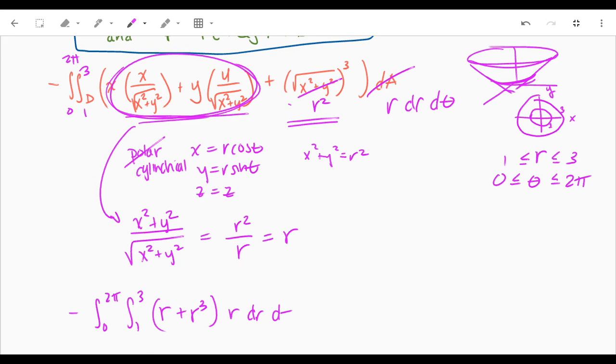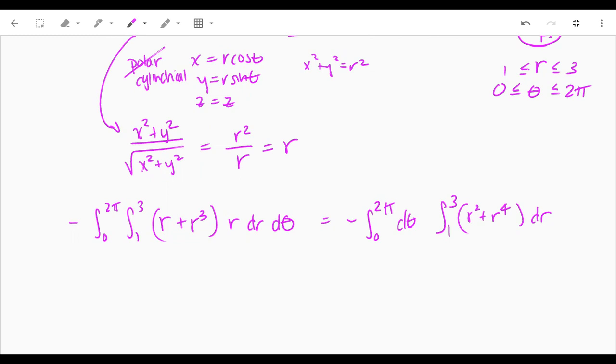Okay, so we'll have, again, separable, right? Negative integral from 0 to 2 pi of d theta times the integral from 1 to 3. We'll distribute that r, so r squared plus r to the 4th dr. Okay, so we're going to have negative 2 pi, and then we'll have r cubed over 3 plus r to the 5th over 5 from 1 to 3.